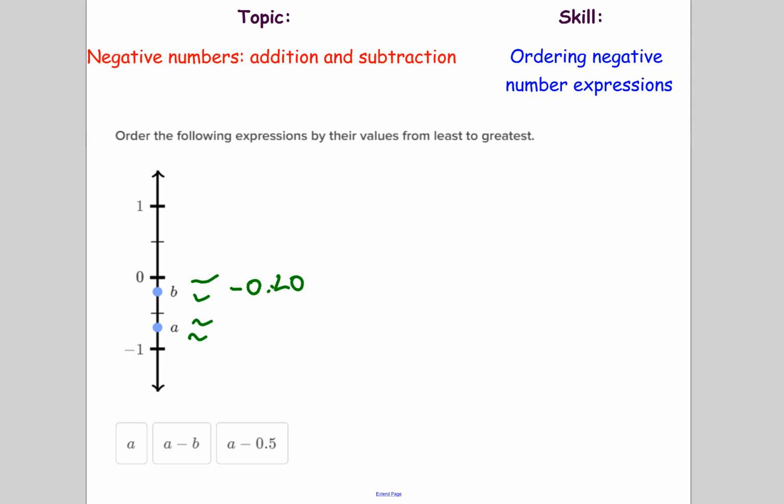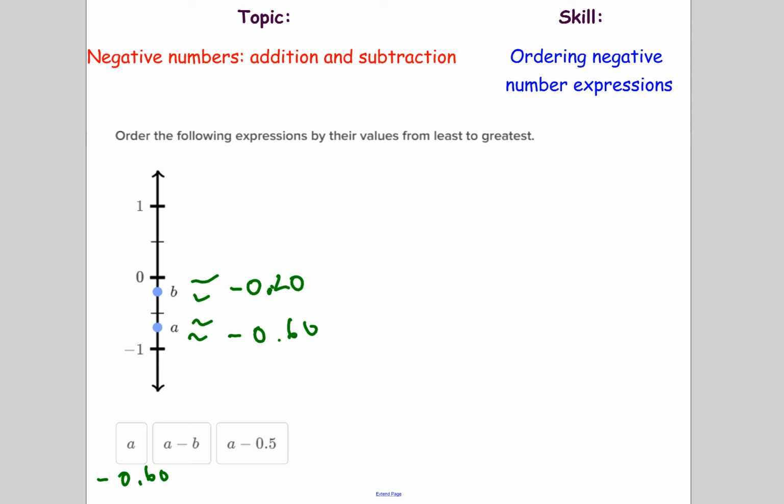That's a good estimate for it. And A is negative, I don't know, 0.60. Right? So we know that A alone is going to be negative 0.60.